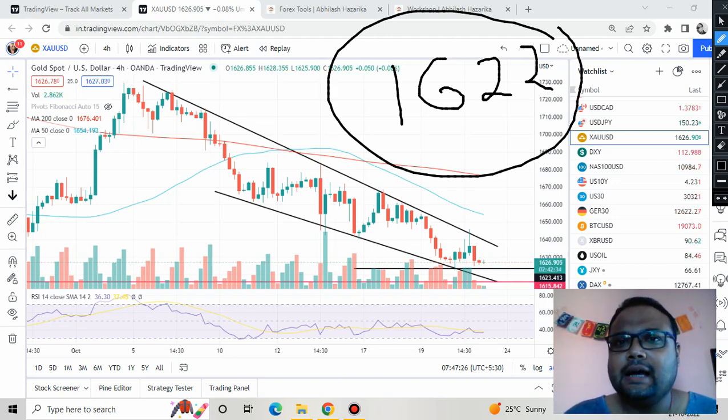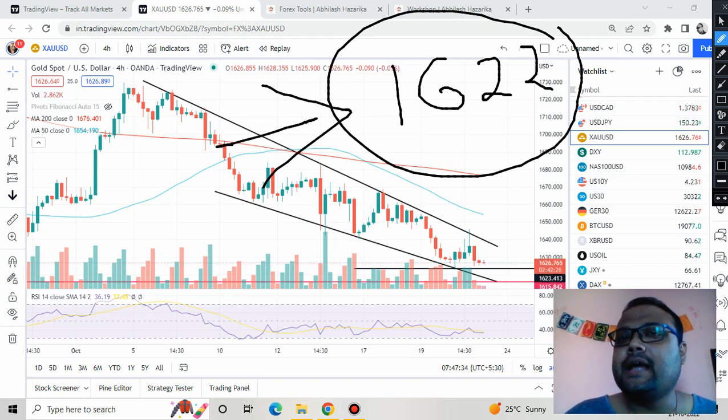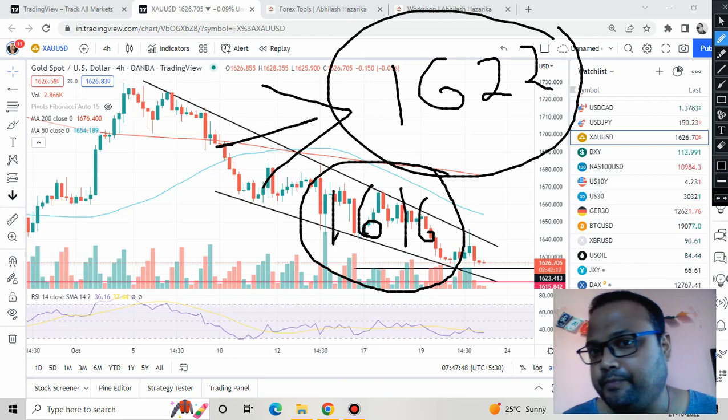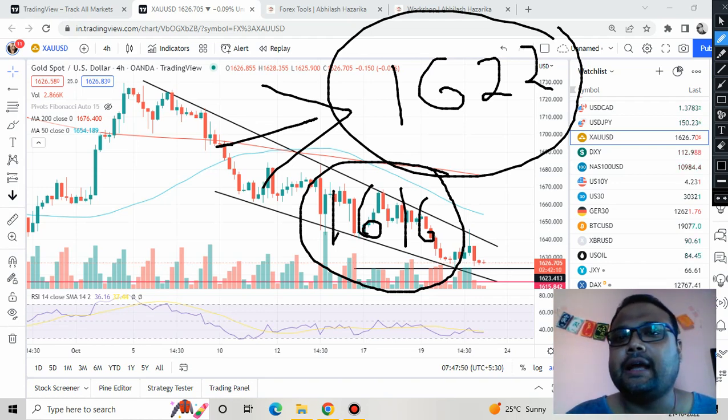In case the market shows weakness, heavy selling during the day, and if you see the market breaking 1622 and going down, you can take a sell position, and your target will be 1616. The market has the potential of going to 1615, 1614 also, but it's better to exit around the 1616 level. So 1616 is your target if the market breaks the 1622 level.